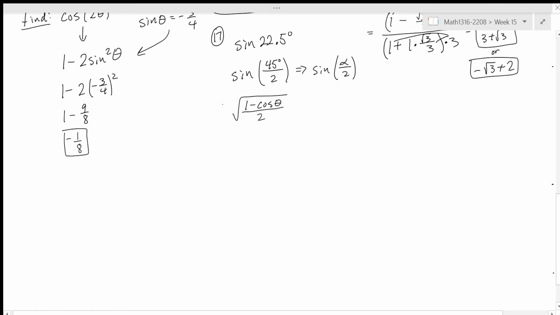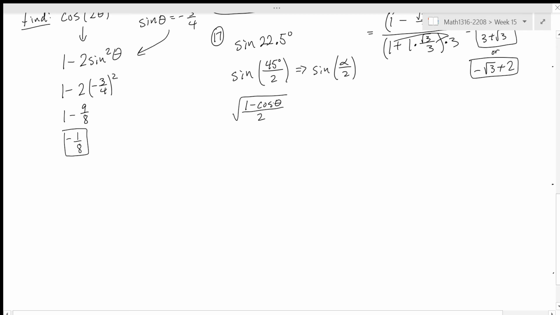And does it have a plus or minus out front? Oh, but how do we know whether it's plus or minus? Yeah, the quadrant. What quadrant is 22.5 in? First quadrant. Everything in the first quadrant is positive. So we know that's positive.